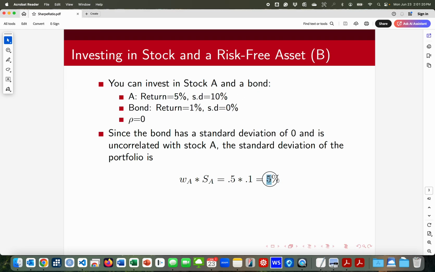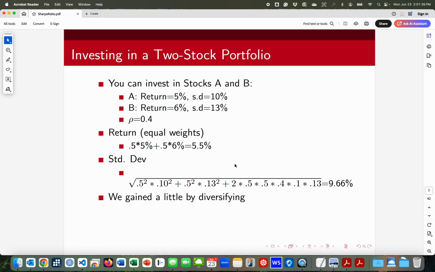Notice this 5% is exactly half of the 10%, and that's because we have half the portfolio in stock A, and there's no correlation between this bond and the stock. So that big long formula that we had right here, where we have the share A squared times the variance of A, share B squared times the variance of B, and then all these covariance terms, this is 0 because the share B is 0.5 squared, but the standard deviation of the bond was 0, so this term goes away.